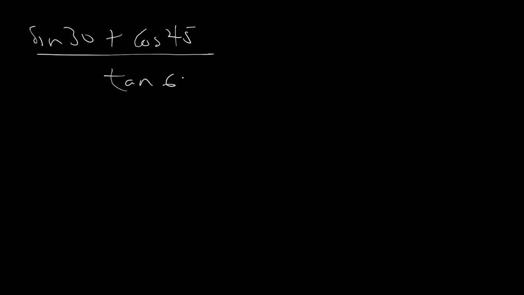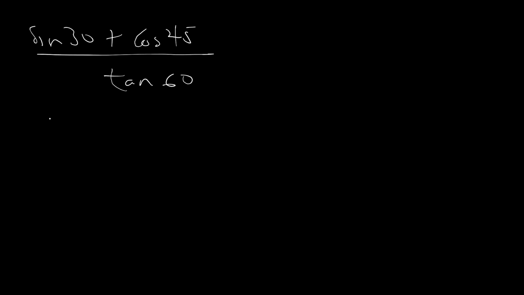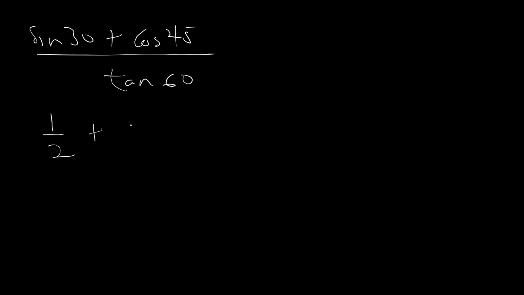So we are simplifying sine 30 plus cos 45 all over tan 60. So when we put in our figures, we have 1 over 2 plus 1 over square root of 2 all over square root of 3.